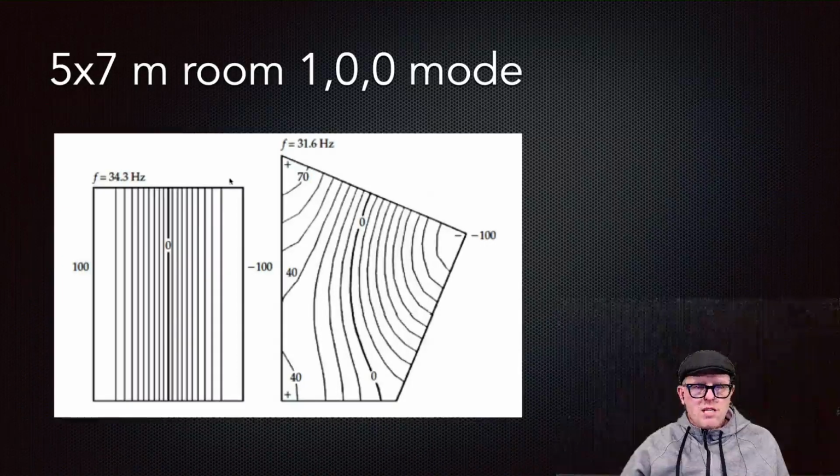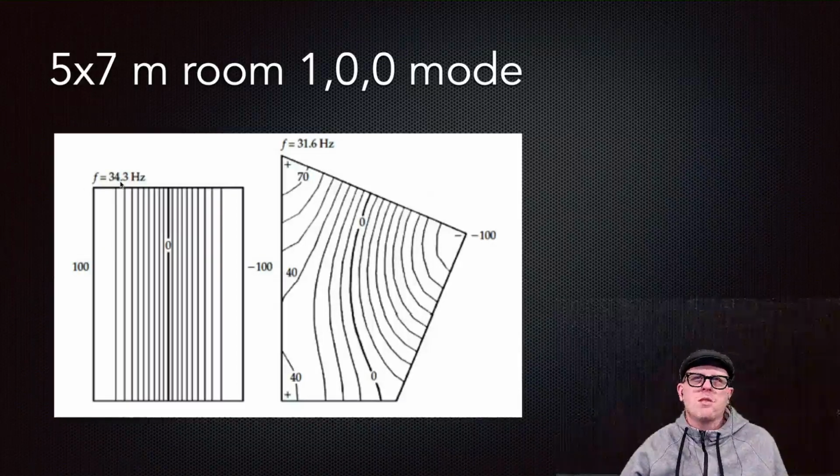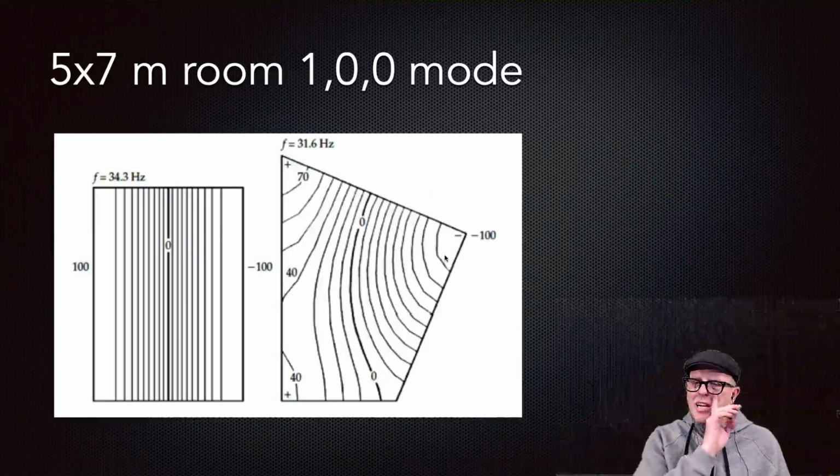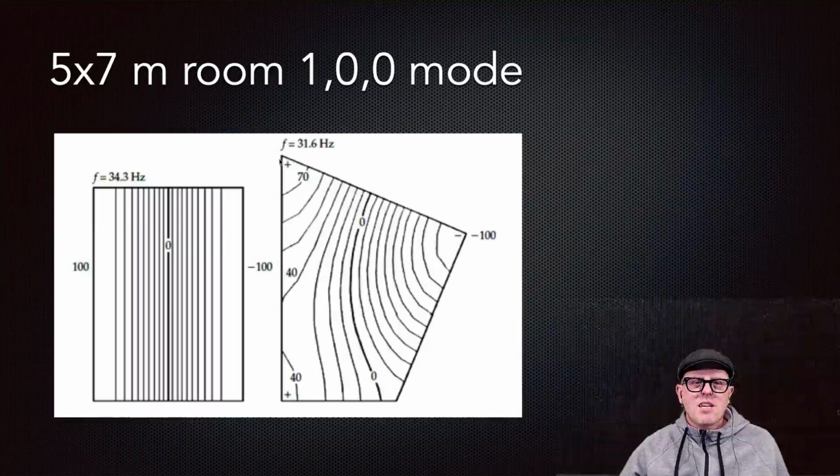If the width of this room corresponds to 34 hertz, which we could use to figure out the length of the room, this is probably a 15-foot wide room. Now if we switch this over here and splay the walls out, we get a positive 70 right here, a positive 40 here, and then a negative 100 here.